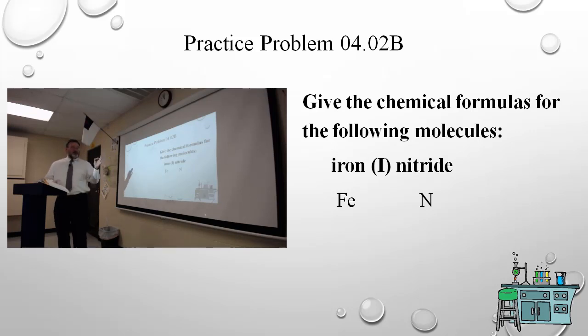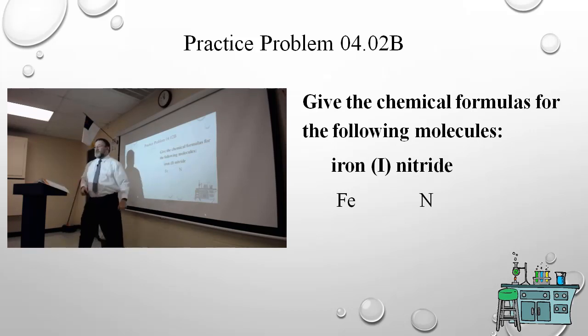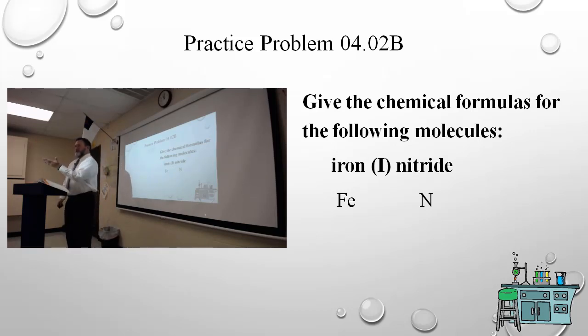Okay, so iron and nitride. What are the charges that these 2 atoms want to take on? What is the charges of the ions of iron and nitrogen going to be? Now, no thinking involved in iron, right? Because they tell you right there. So what is it? 1. The metal wants to go to a 1, and the charge is going to be positive because the metal is giving up electrons. So the charge here is going to be an iron Fe 1 positive.